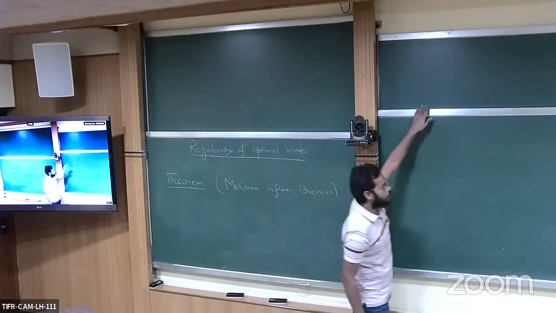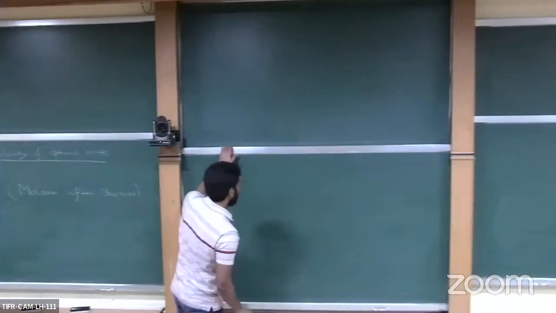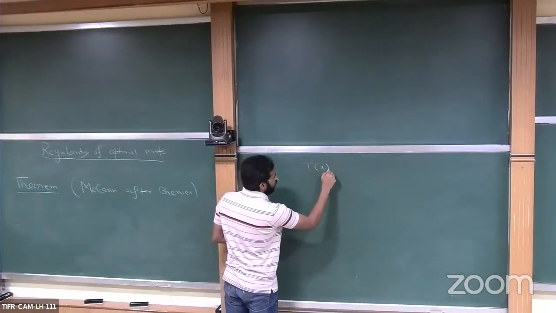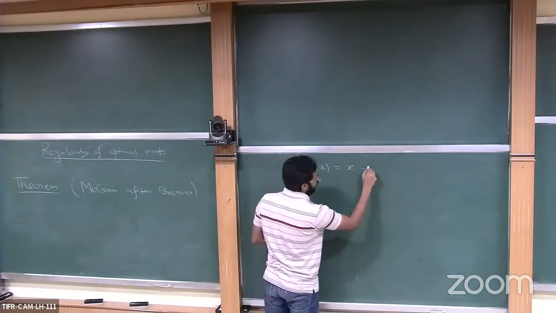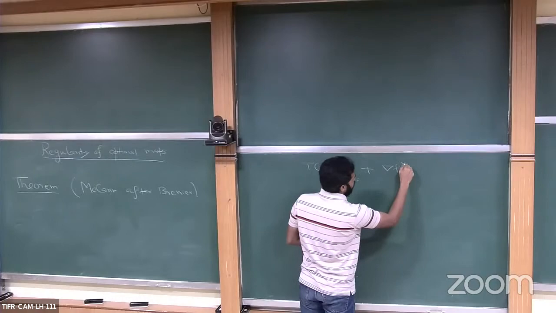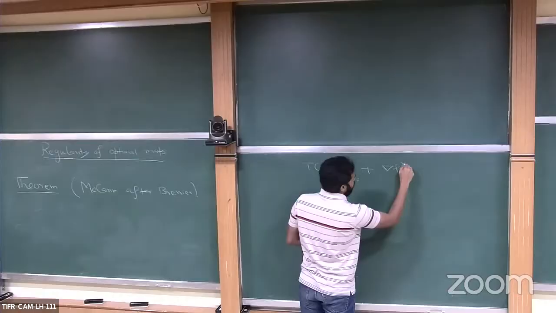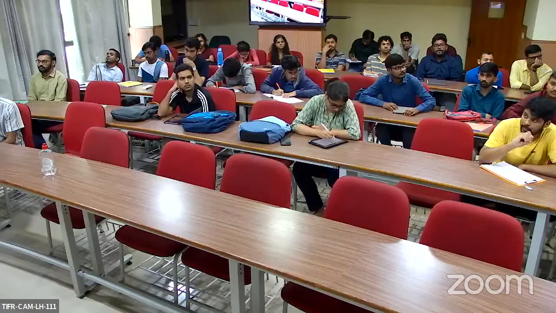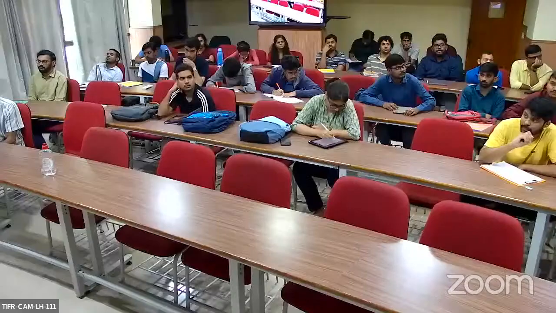Remember that last time we obtained that the optimal map is given by x plus gradient h star of gradient phi naught, right? So this is the optimal map we obtained last time, and here this phi naught, with c naught, is optimal in the dual.